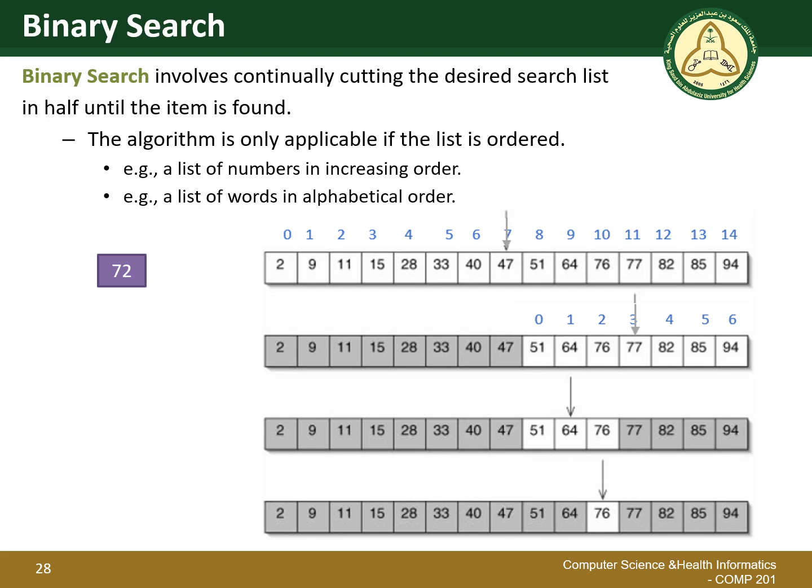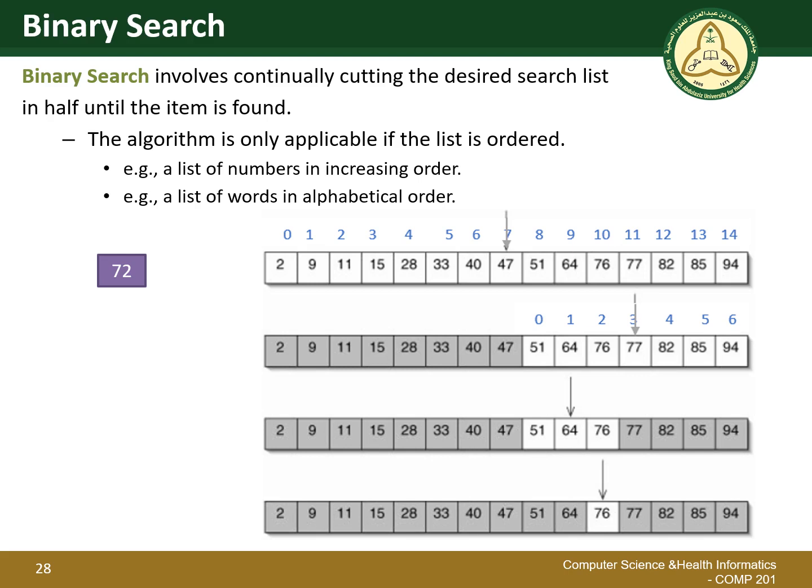So the middle point is less than the item that we are looking for. So the item has to be on the right side of the list. The item is greater. Then we will repeat this process again.